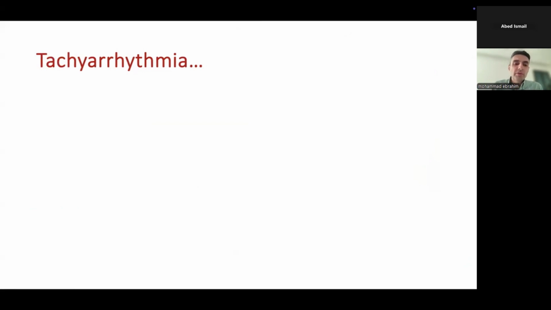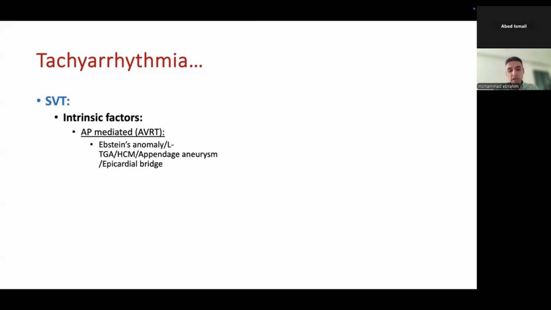So furthermore, for tachyarrhythmias, obviously SVT could be a result of an accessory pathway mediated mechanism, or AVRT.